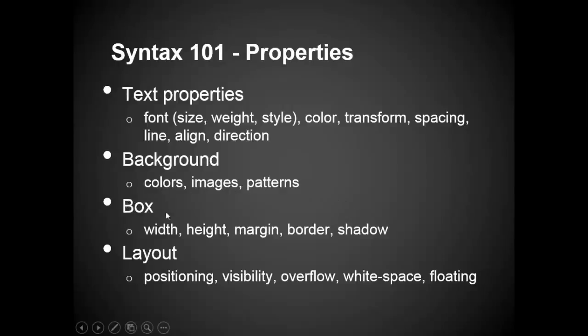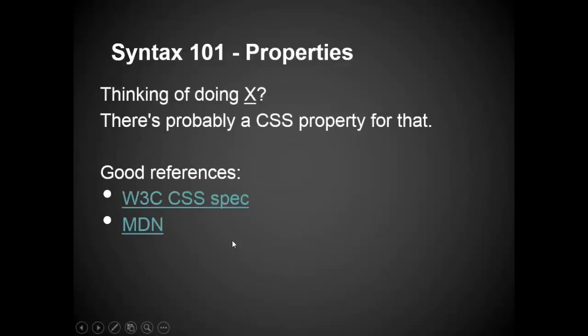In terms of the box, which we are going to see later on, we can change the width and the height, the margin, the border, the shadow, and so on. And finally, the layout, where the element is positioned, if it's visible or not, if it's overflowing or not, white space, floating, and so on. So whenever you are thinking about doing something, there's probably already a CSS property for that.